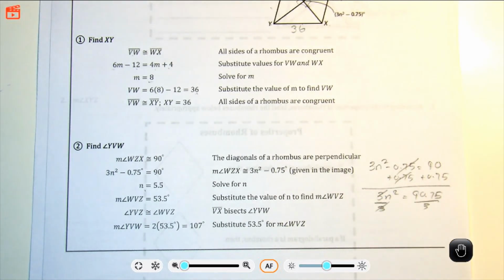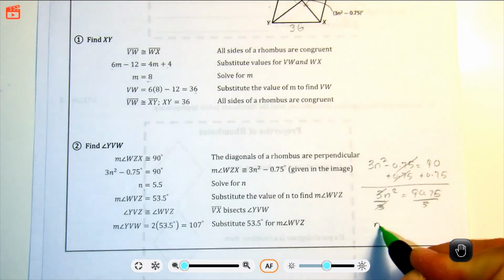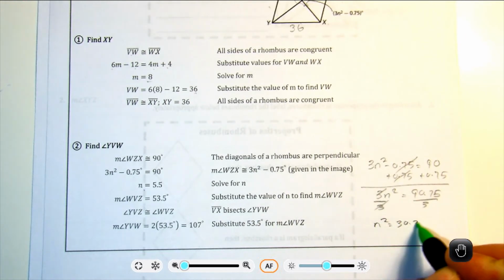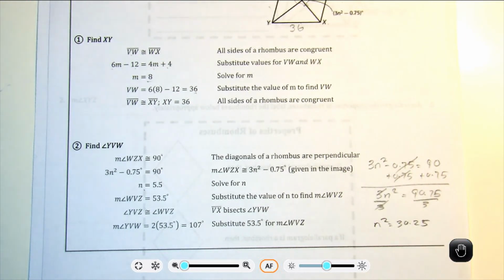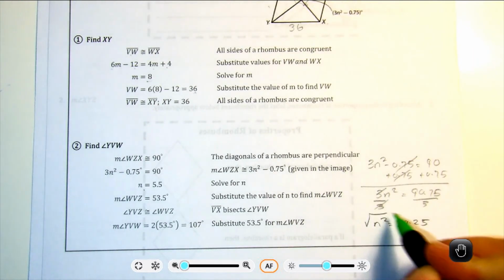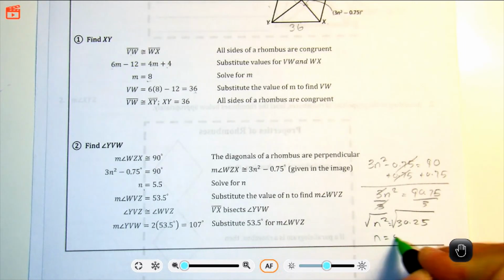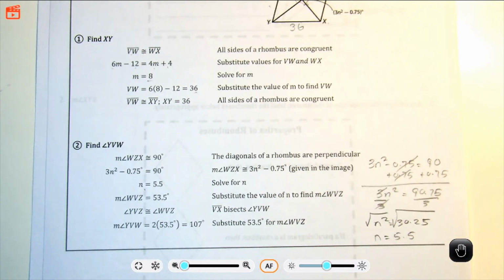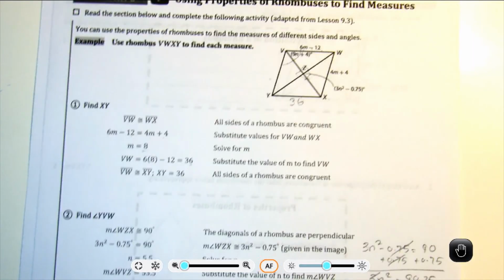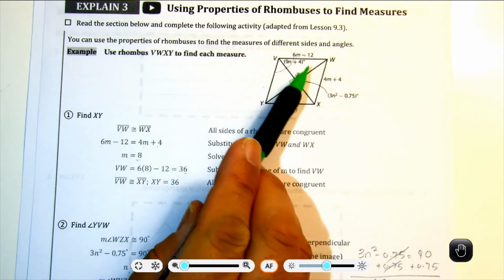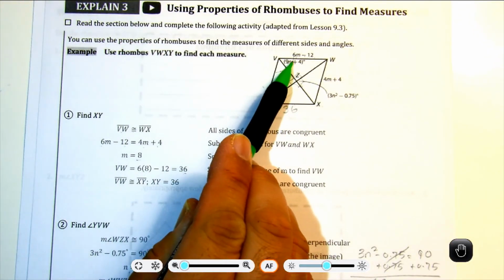And 90.75 divided by 3 is 30.25. And last, they took the square root of both sides. And that's how they got n equals 5.5. So, n is important in this problem because once we find out what n is, you could plug it in here to get this half of the angle and then double it to get the rest. And that's what they did.